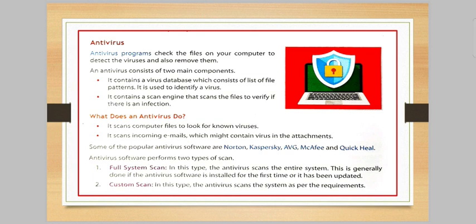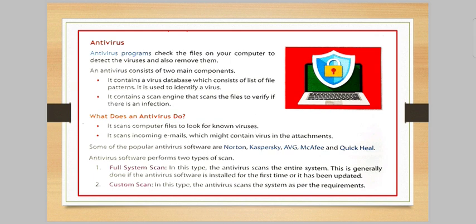We all know that antivirus has a virus database, so it scans the computer files and looks for known viruses. It scans incoming emails which might contain viruses in the attachment. Some popular antiviruses are Norton, Kaspersky, AVG, McAfee and Quick Heal. So these are examples of antivirus software.